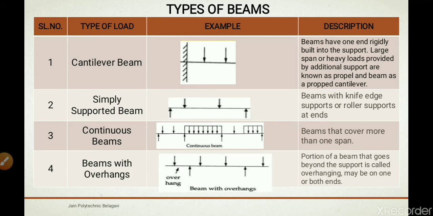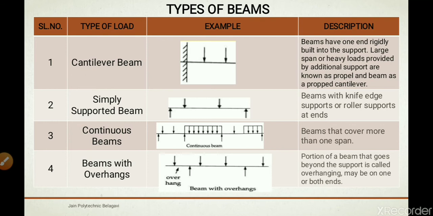So a simply supported beam: if the beam rests simply on the columns, it is said to be simply supported. The reaction at the support is exactly at a right angle to the support, and the beam is free to move in the direction of its axis, and also it is free to rotate about the support. It means the moment is zero here.